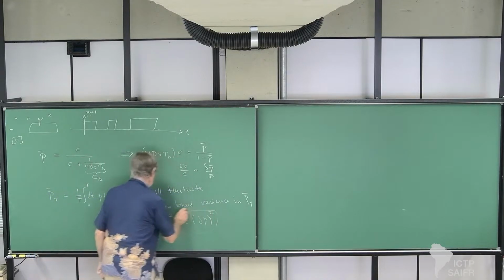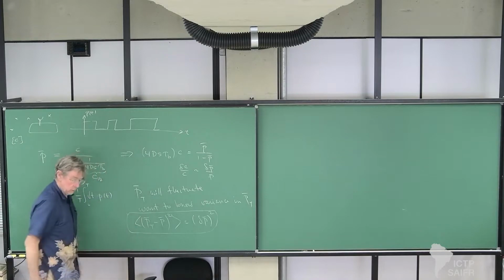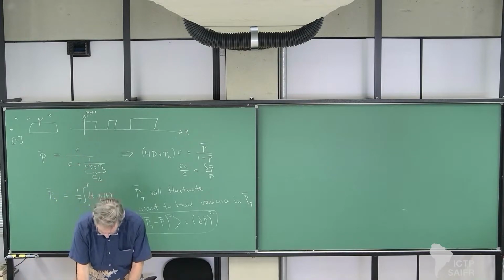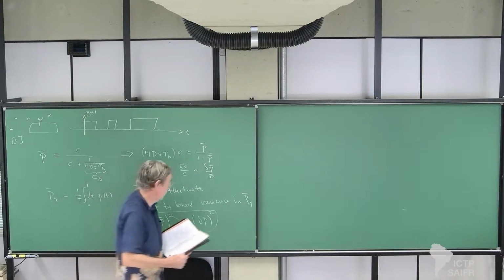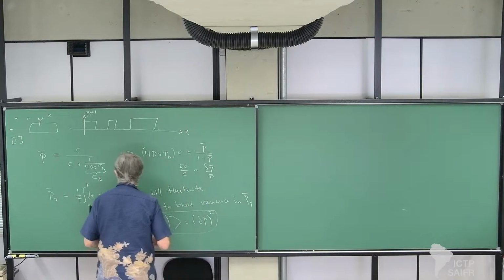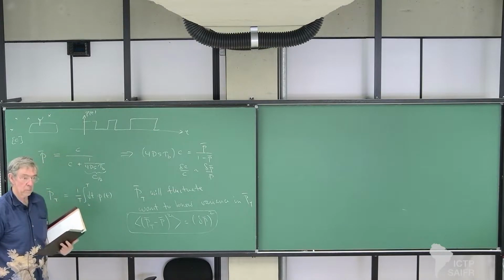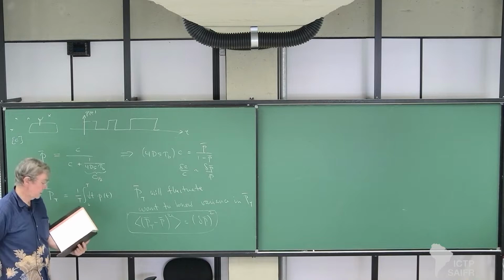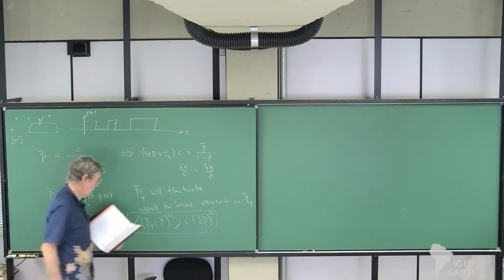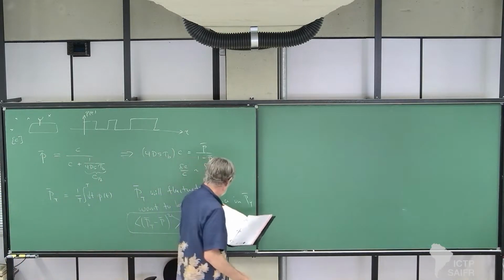How do you measure this? Let's have a look. I have a definition of the average occupation number over some time interval capital T, and I want to square it.